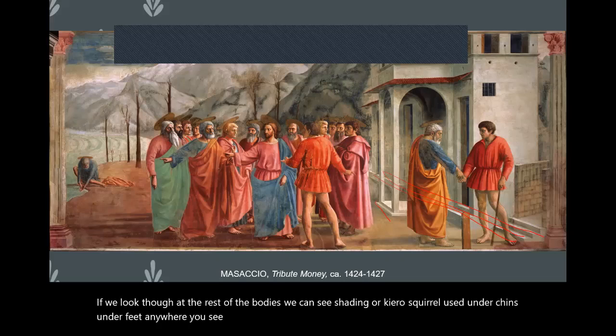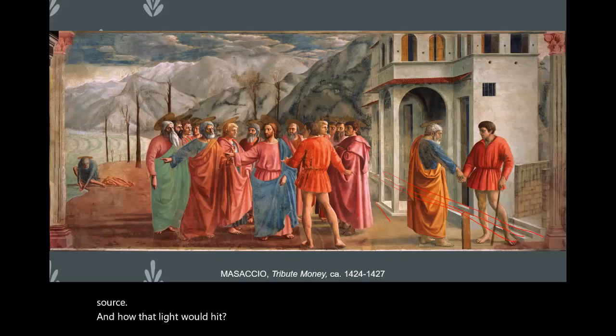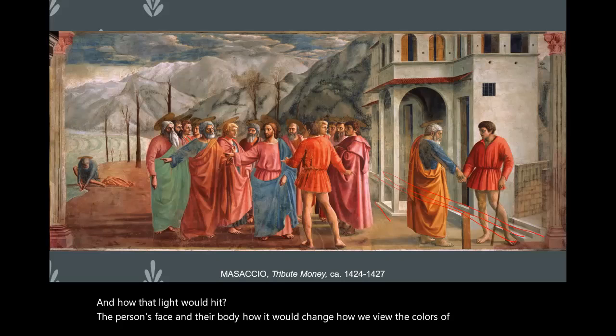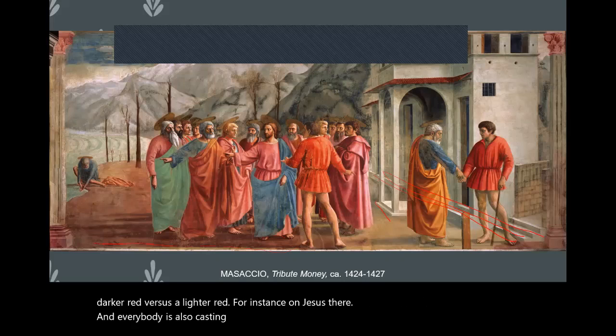That is where the artist is considering a point of light source and how that light would hit the person's face and their body, how it would change how we view the colors of their robes to a darker red versus a lighter red, for instance, on Jesus there. And everybody is also casting a shadow, going from right to left. So we can say that over here is our light source.